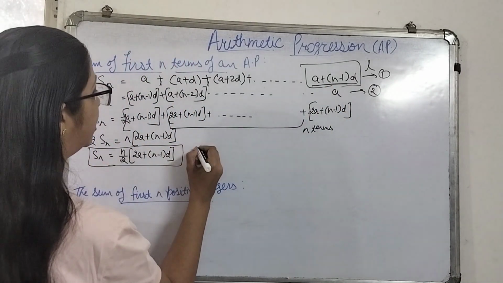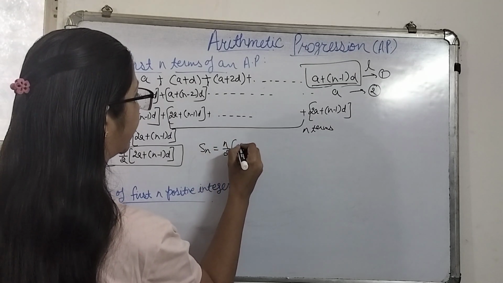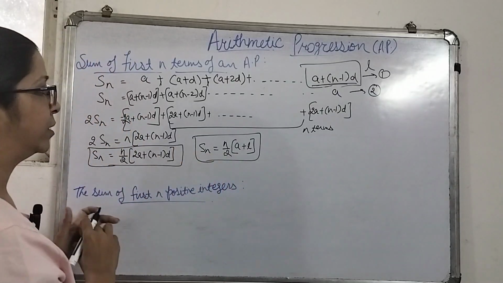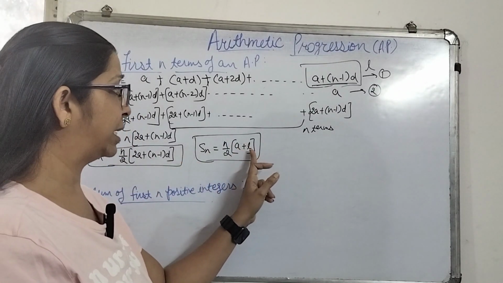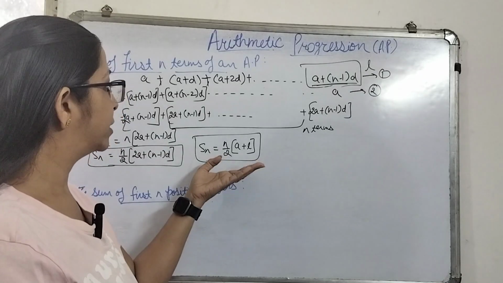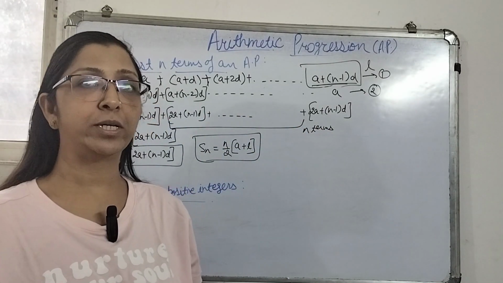So this formula could even be written as n by 2 (a plus L), where L is your last term, meaning the sum of the first term and last term multiplied by the number of terms, n by 2. This could be used if the first and last term are given to us.